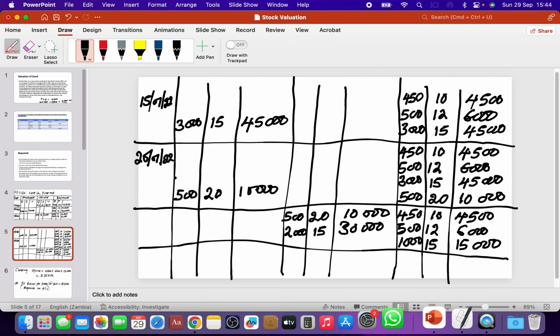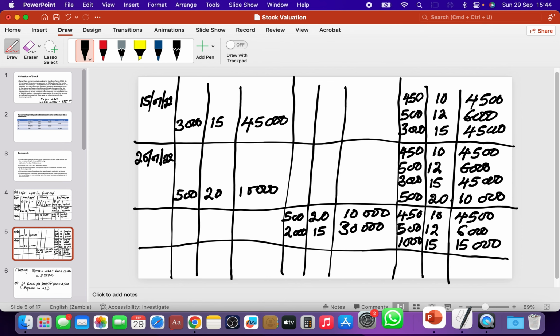So the opening balance for the 20th of January 2022 will be the stock before the 20th of January. So before the 20th of January, my stock were 450 at $10, 500 units at $12, 3,000 units at $15.